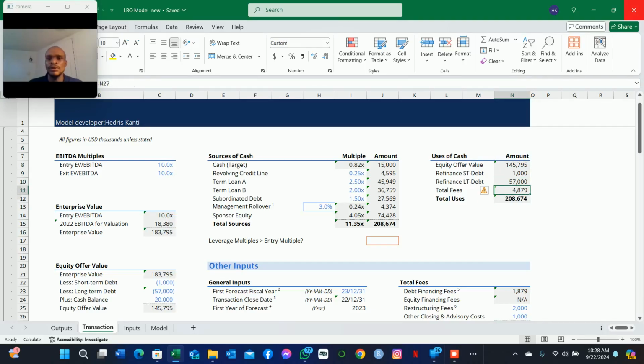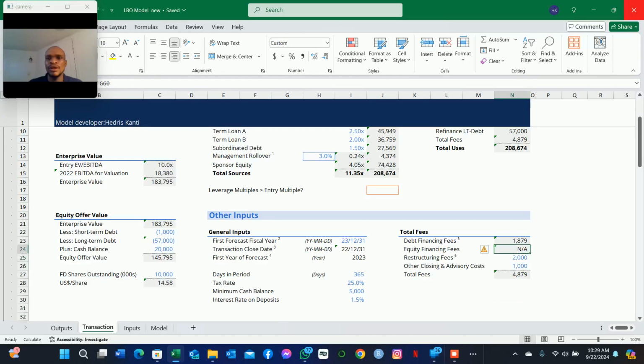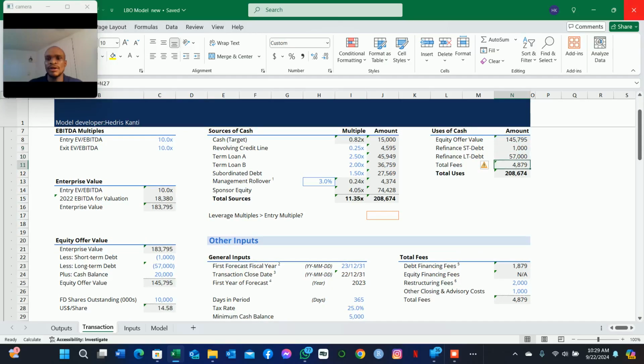We are saying that, excluding the restructuring charges and other closing and advisory costs from these total fees, the balance of these fees is coming from fees underwritten by investment banks in order to issue bonds to this class of investors here: term loan 1, term loan 2, subordinated debt, and even the line of credit. So that's exactly what we are doing here.